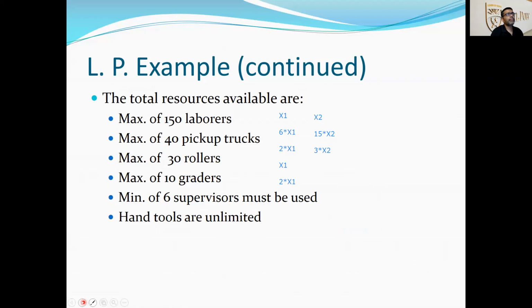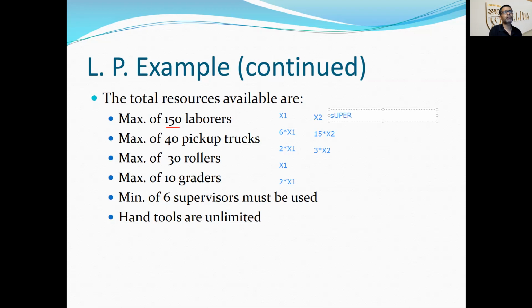There's a maximum of 150 laborers. How would you write the constraint based on that? Which one was the laborer one? I know these are not in the correct order, so maybe I should correct this and write down these constraints.